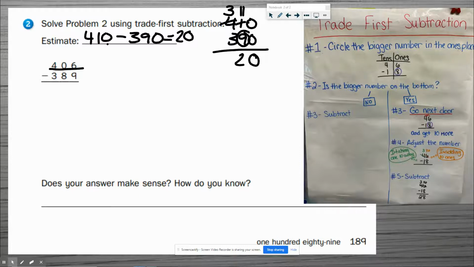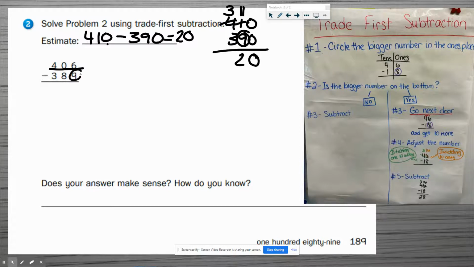I'm going to subtract by going to the ones place. Now, this is where we have to do a little bit more, and we are going to have to jump a little bit further to get our trading done.